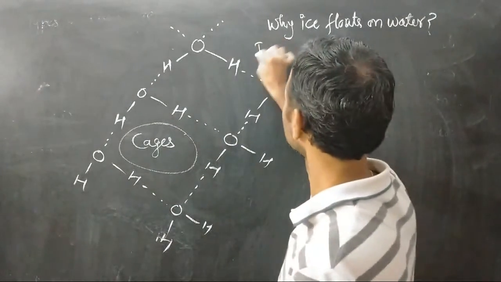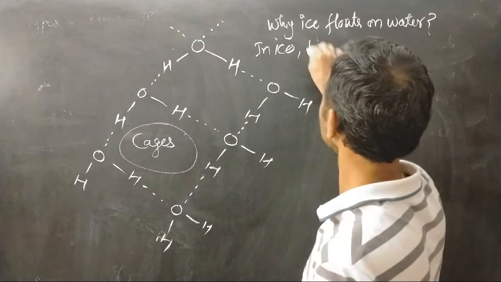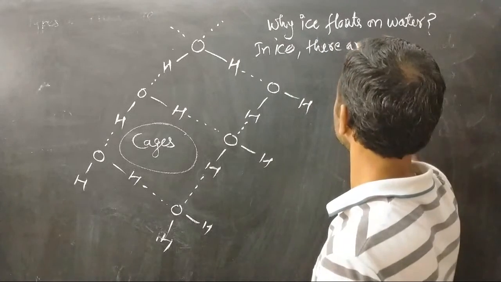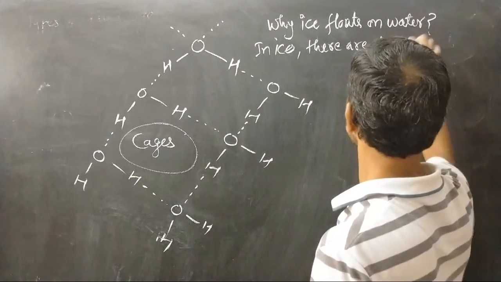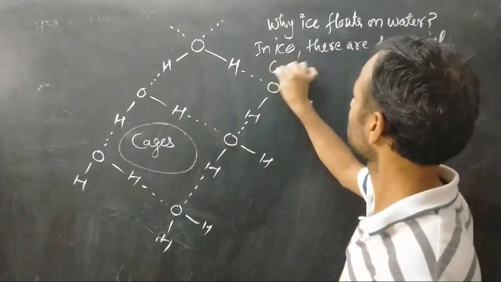So in ice there are hexagonal cage-like structures.